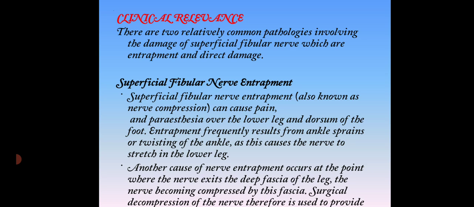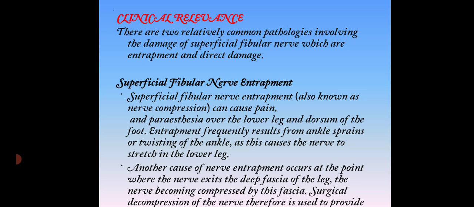Superficial fibular nerve entrapment is also known as nerve compression. It can cause pain and paresthesia over the lower leg and dorsum of the foot. Entrapment frequently results from ankle sprains or twisting of the ankle, as this causes the nerve to stretch in the lower leg.